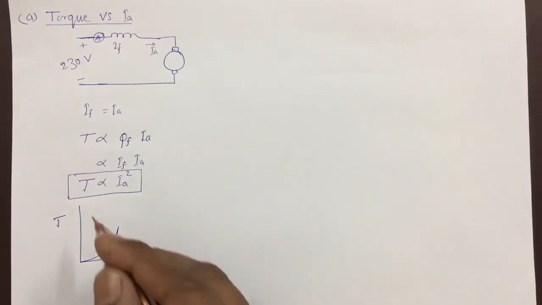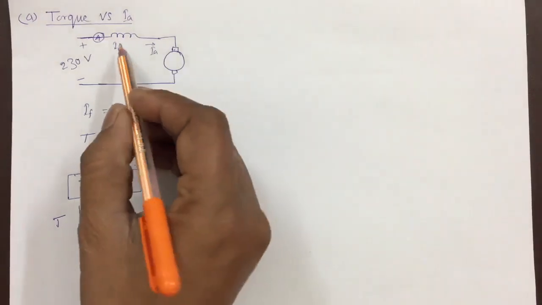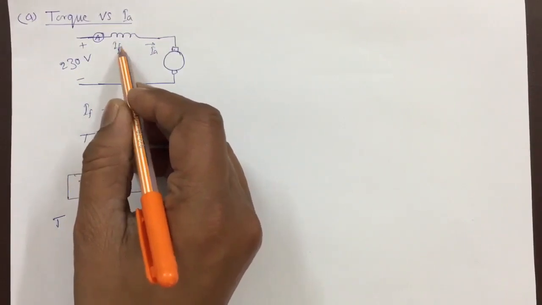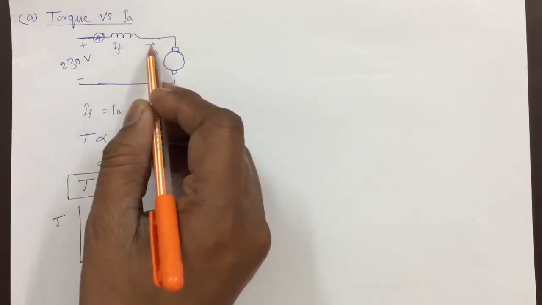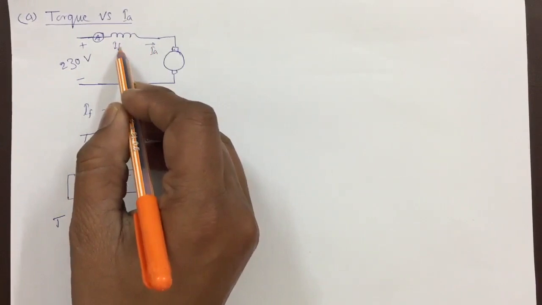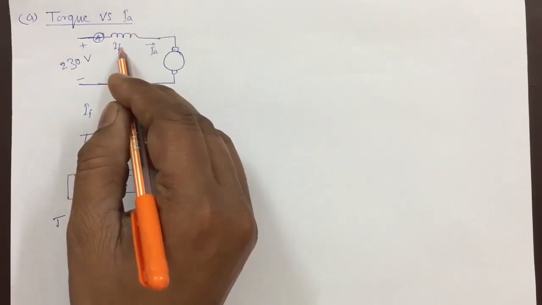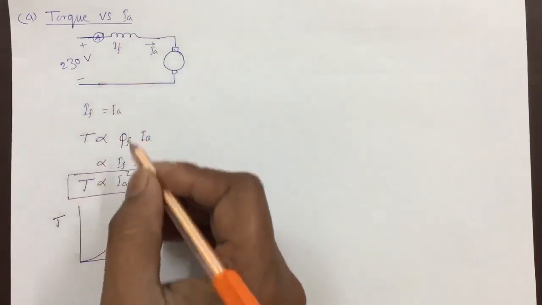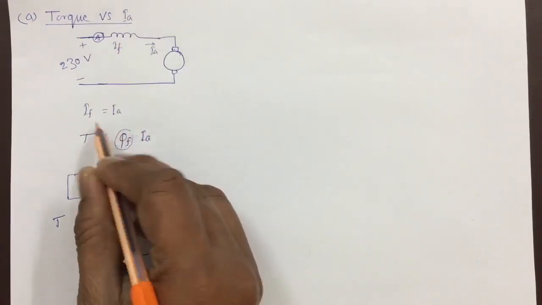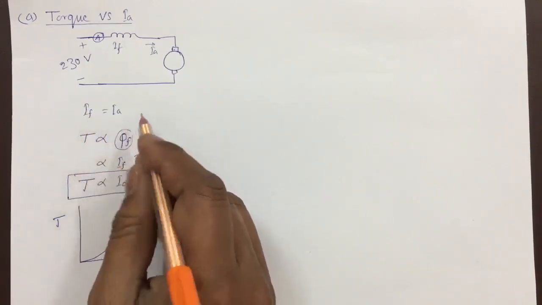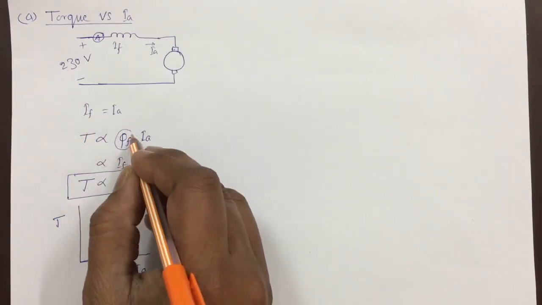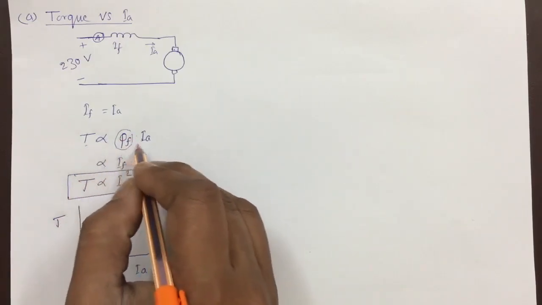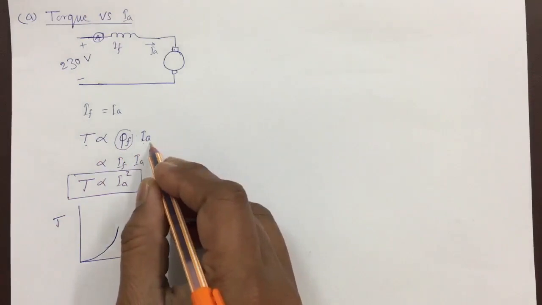But think, if we continue increasing the armature and hence field current, the field flux will reach saturation. Flux will saturate due to increase in IF, and once it saturates it will be fixed, it will not change further. In that case, torque will be proportional to IA.